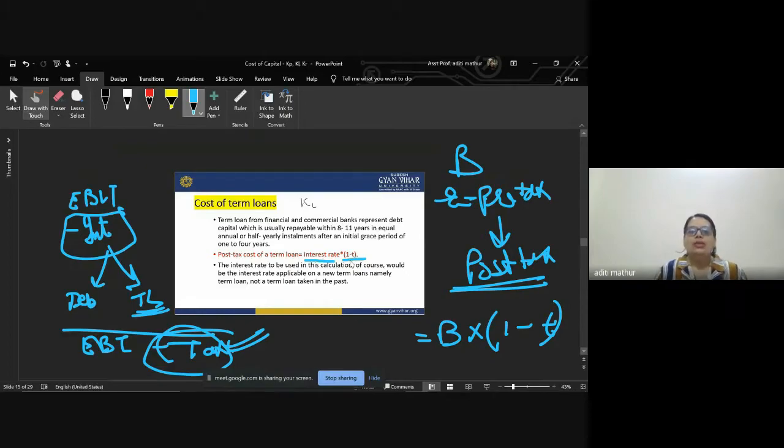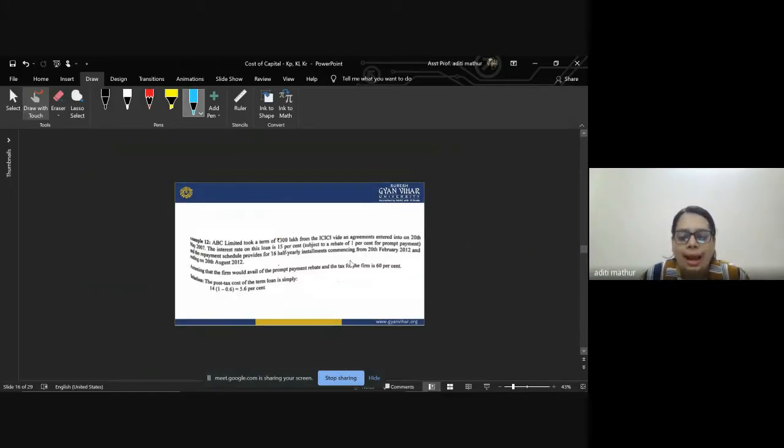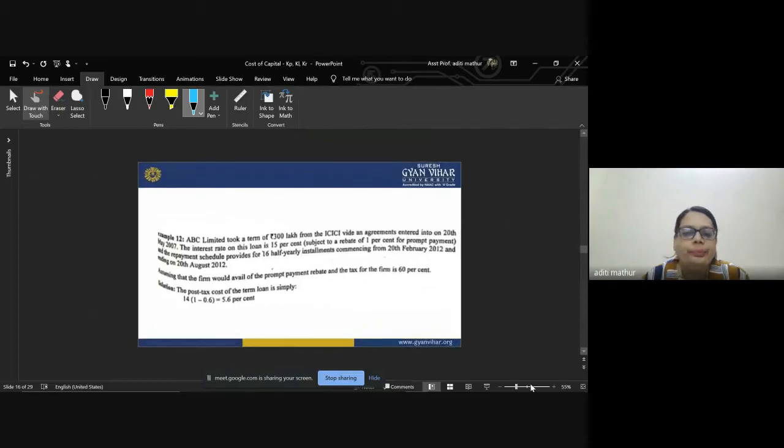The interest rate to be used in the calculation, of course, would be the interest rate applicable on the new term loans, not a term loan taken in the past. So we will take the rates which fresh loans will have, not the past rates, right? So now let us solve a question and understand what type of questions come in the examination to calculate KL.